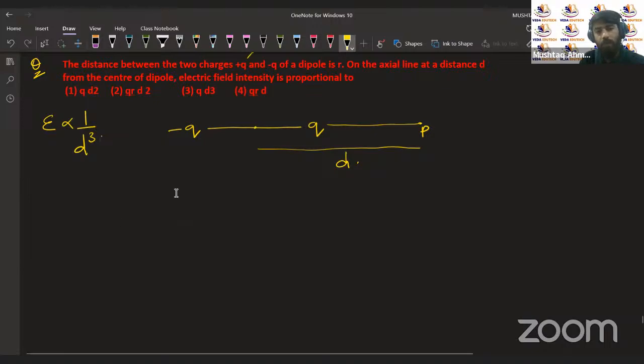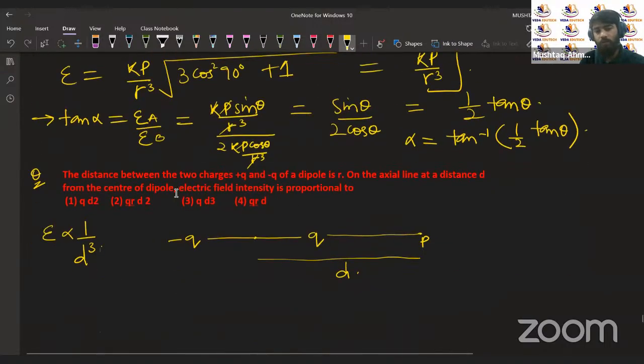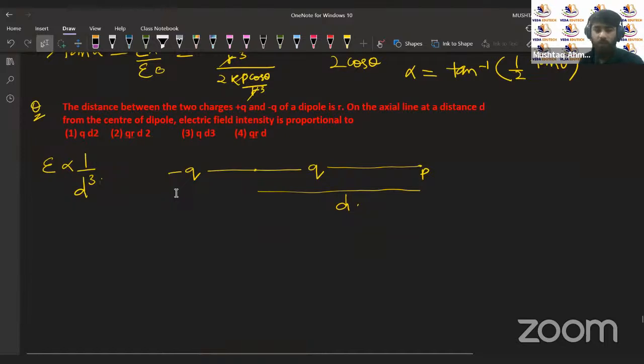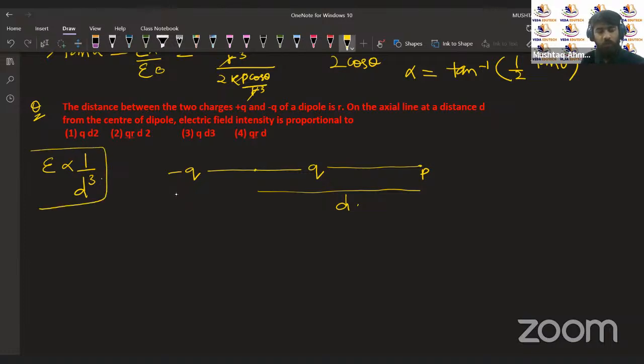In the last lecture, we used the symbol r, so the electric field vector was inversely proportional to r cube. So here, if we take d as the symbol, it will be inversely proportional to d cube. So this will be the correct option, that it is inversely proportional to d cube, right?